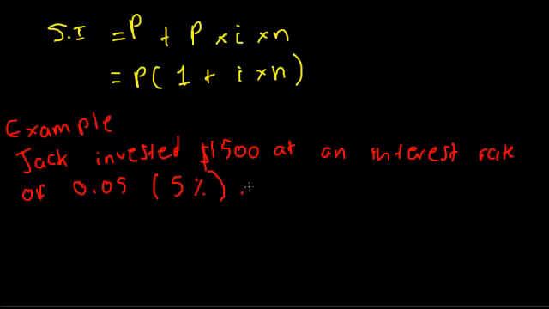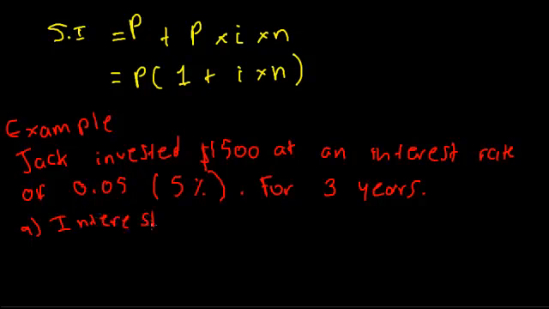And he left the money in for 3 years. So part A, I want to know how much interest is made, and B, I want to know the amount at the end of 3 years.